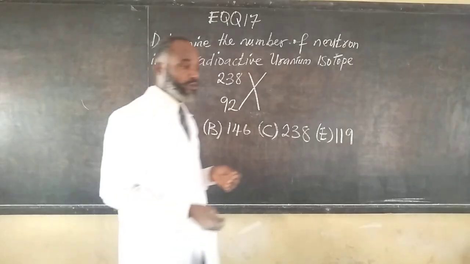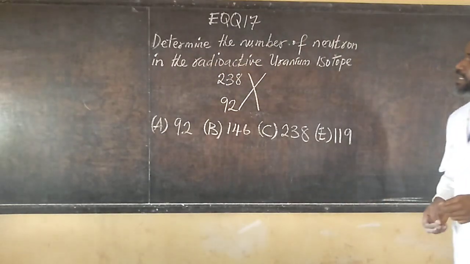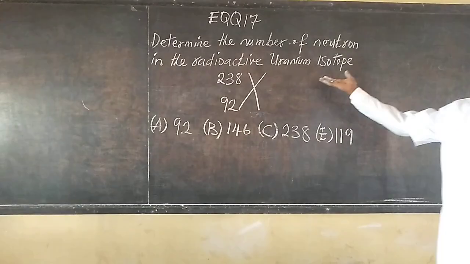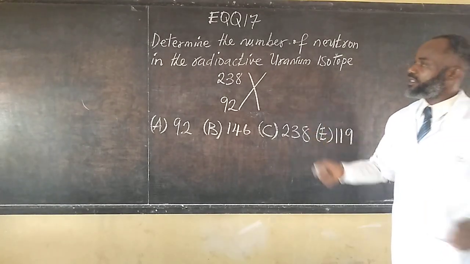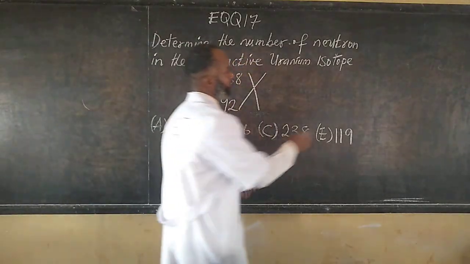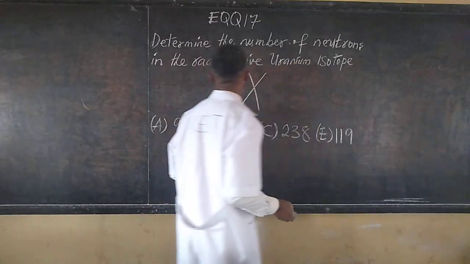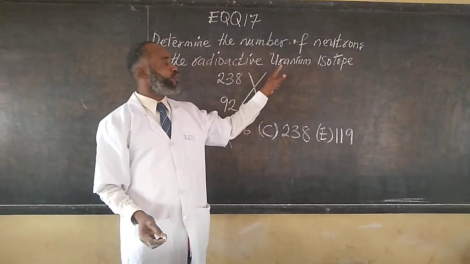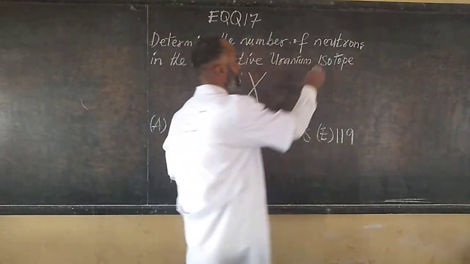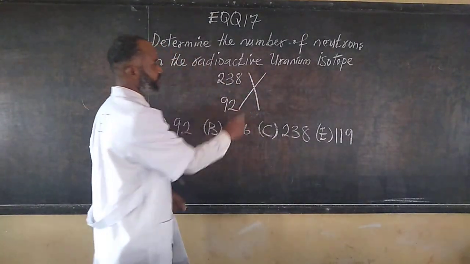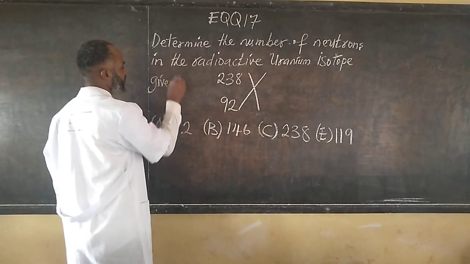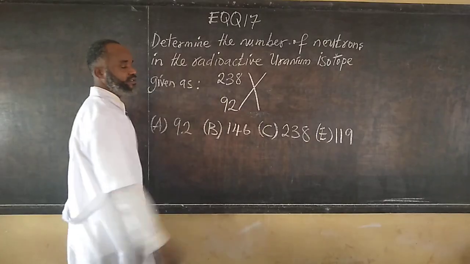Another question you might see in a standard international or national exam could look like this. Determine the number of neutrons in the radioactive uranium isotope given as this.